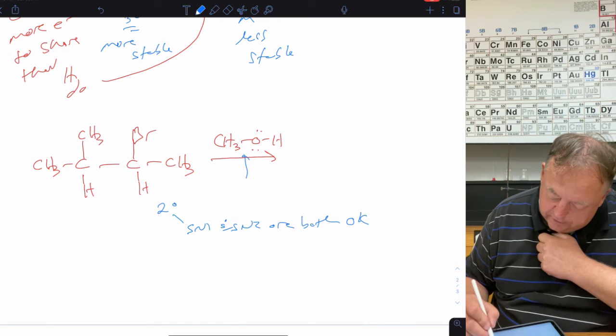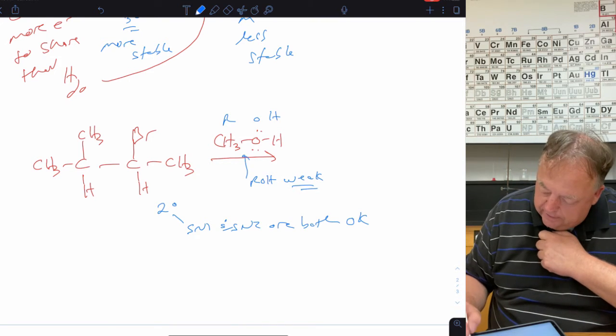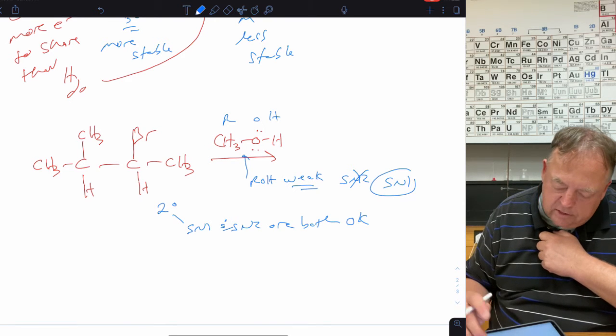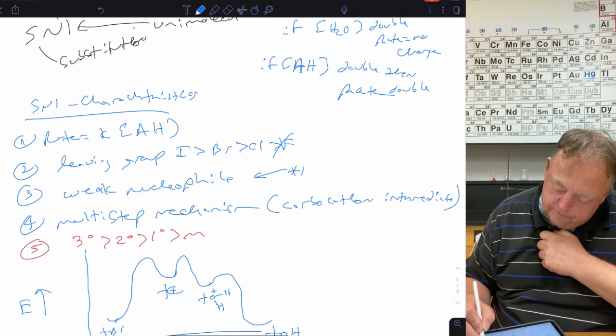But your nucleophile is ROH, and that is weak, right? So that's a weak nucleophile. So that eliminates SN2, and that means this is an SN1, because SN1 likes weak nucleophiles, right?